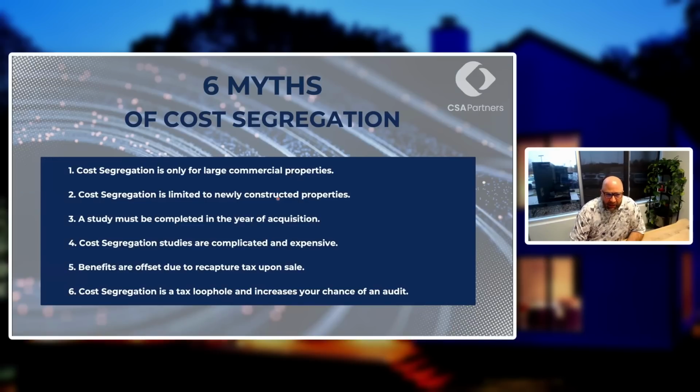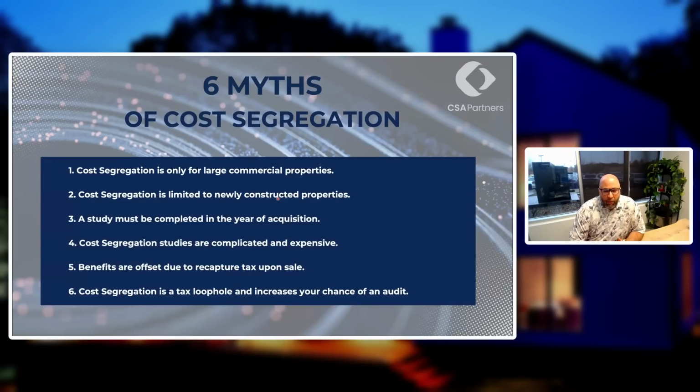The reason for that is the cost of the study was significantly higher and the benefit was significantly lower than it is now. And so you had to have a large property, usually over about $1 million worth of depreciable basis. Again, that depreciable basis is your purchase price minus your land value.